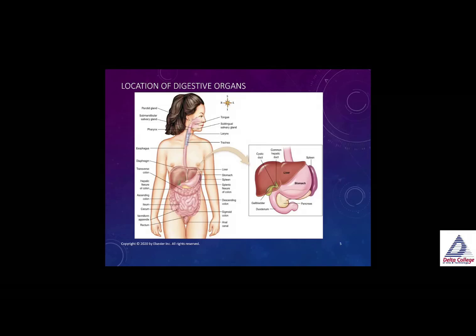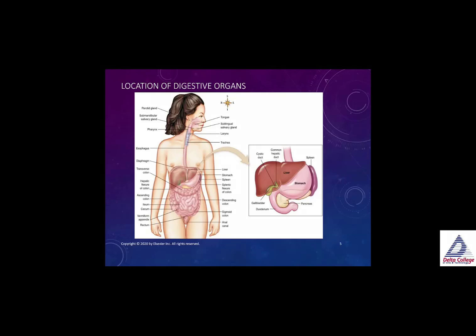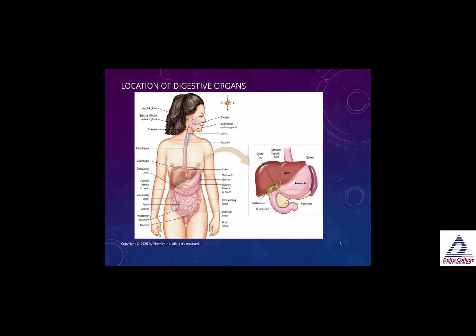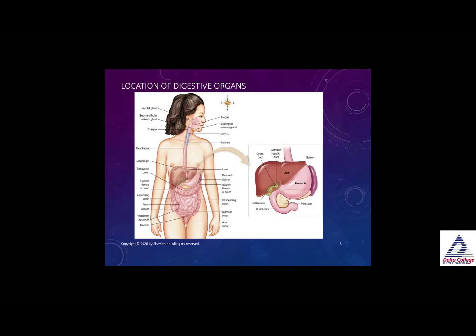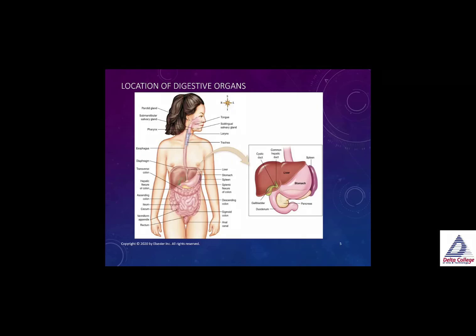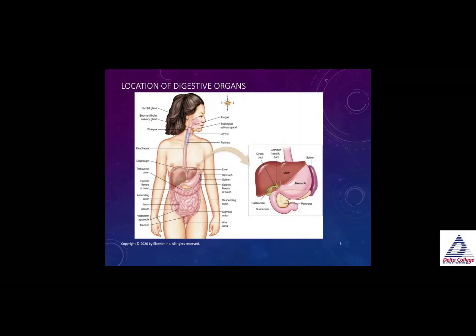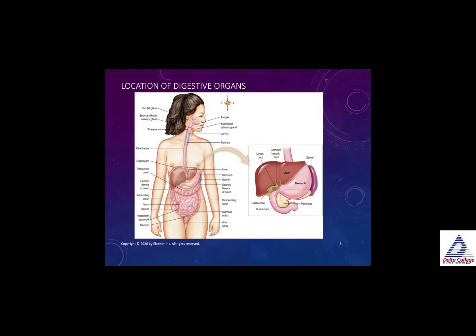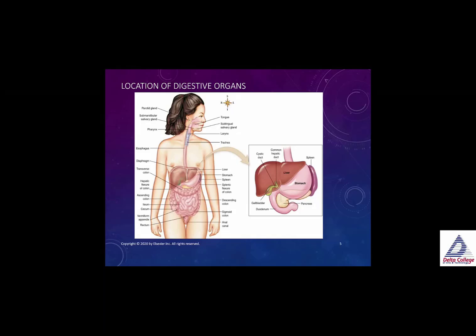So this shows you the location of the digestive organs and the accessory organs. And again, I'm not going to have you label, but you need to know where things are in terms of being able to understand it in a sentence or in a question.